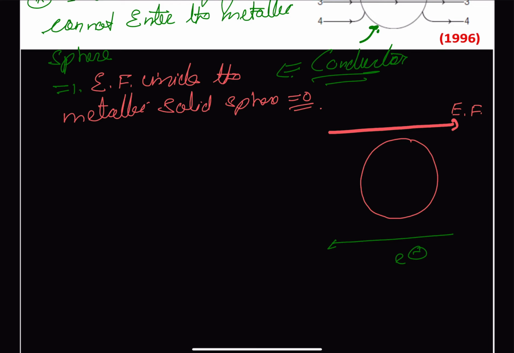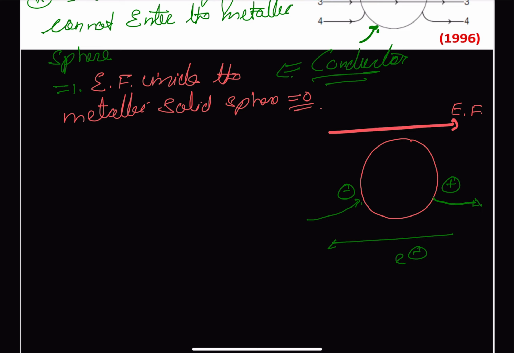Because of this, the left side will be rich in electrons, having negative charge, and the right face will be deficient, giving us a positive one. For a negative charge, the field lines terminate, so this will be our terminating point, and for positive it is the originating point. So inside it will be equal to 0. Same conclusion.